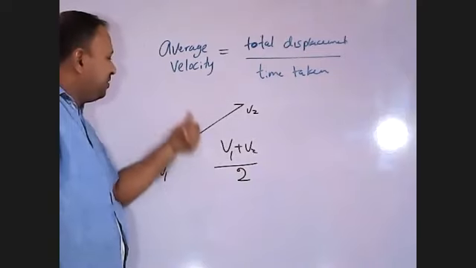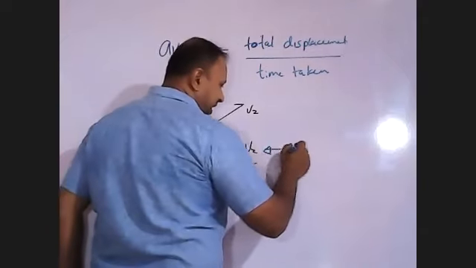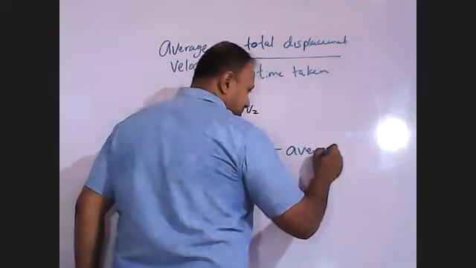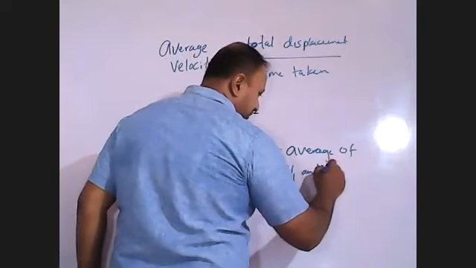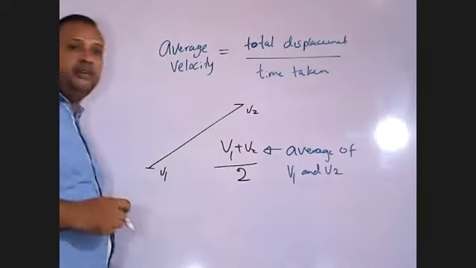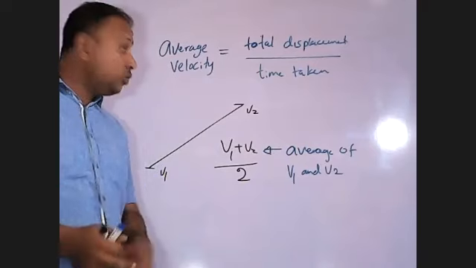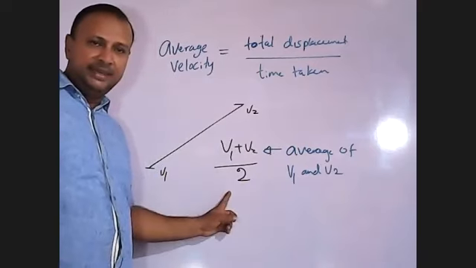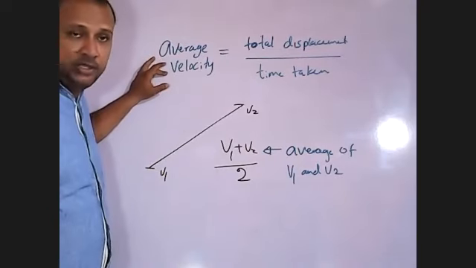So this is average velocity. This one is the average of v1 and v2. Normally, the average of two velocities is not equal to average velocity.